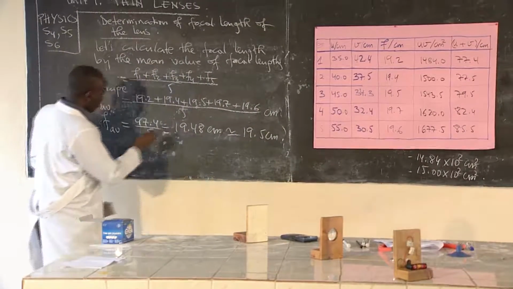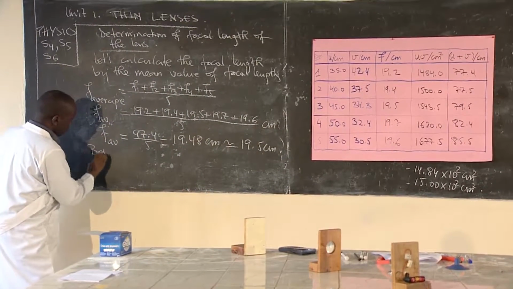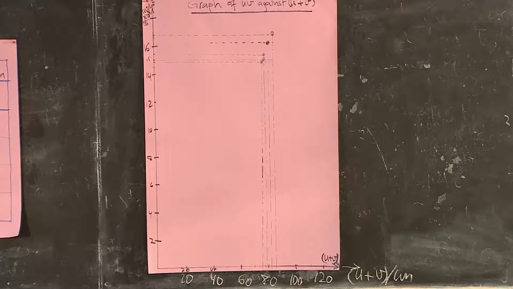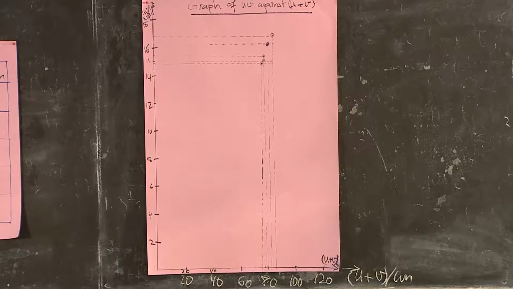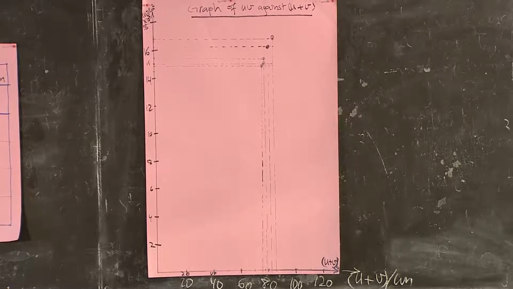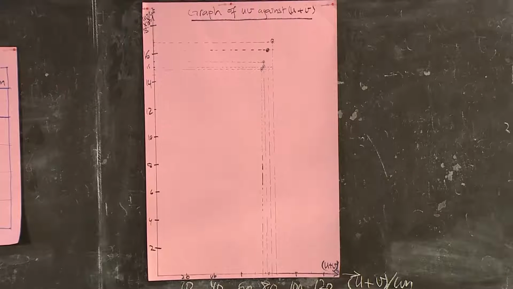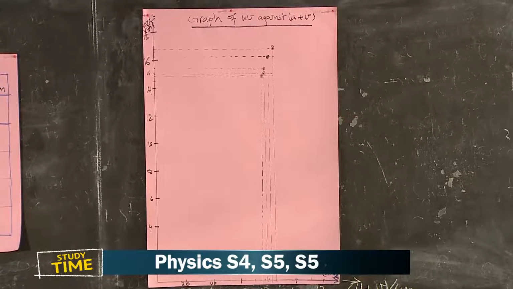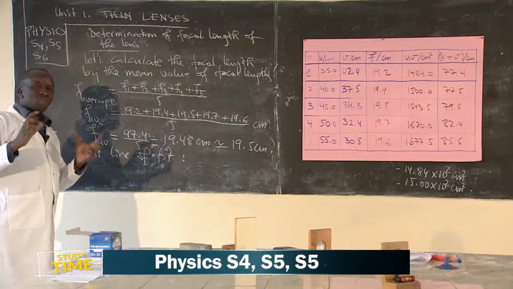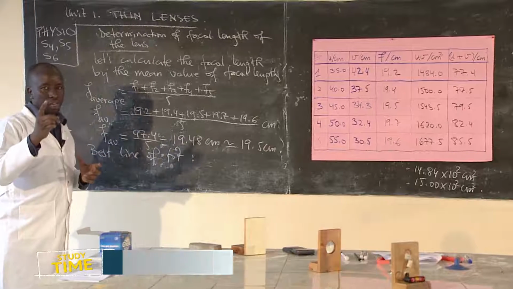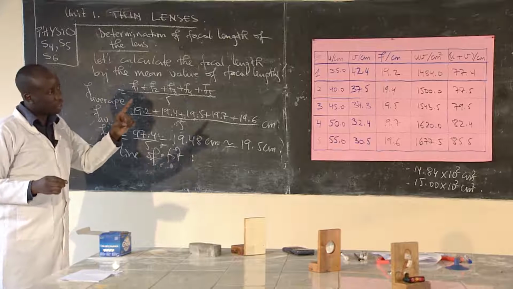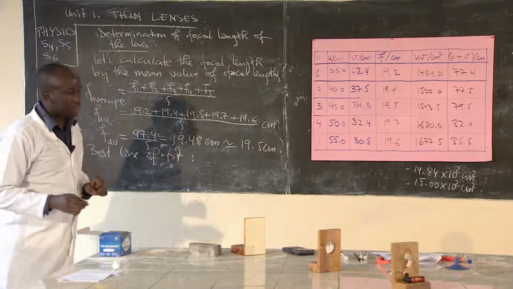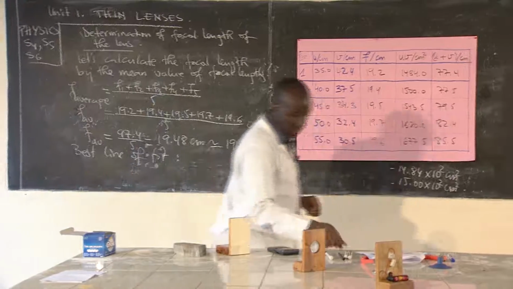So the best line of fit. This is the line that we define now to draw, just to pass through approximately all of these points that you have determined there on that graph. Do you get that?